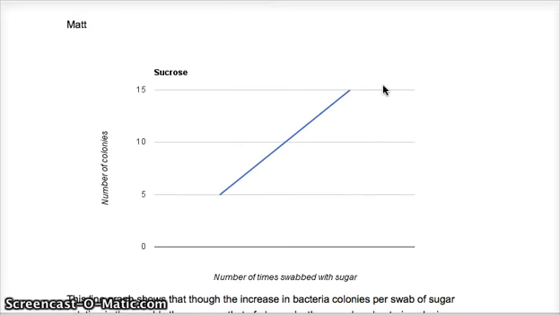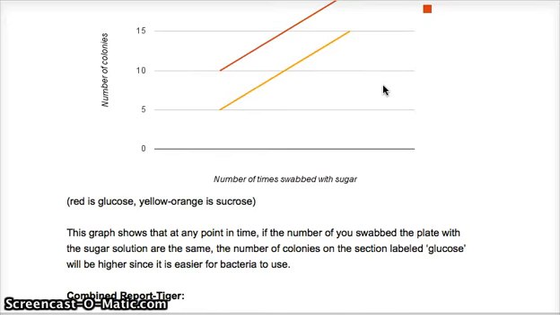We think sucrose will be harder to break down, and so therefore it will take longer to make bacteria colonies. And then here's both, and it's just the two showing the two lines on one graph.